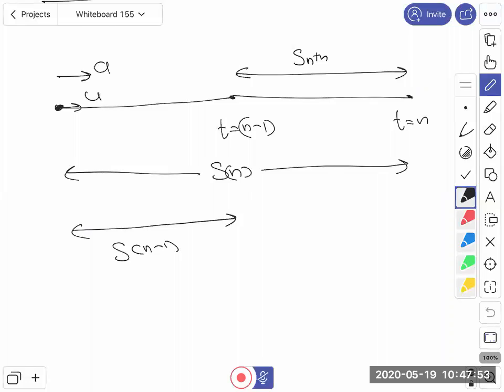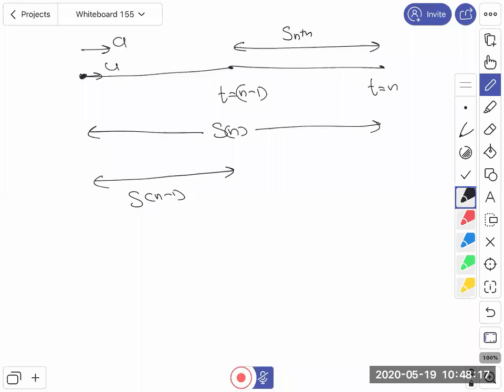So displacement in the 7th second means displacement in 7 seconds minus displacement in 6 seconds, because the 7th second means the distance traveled from 6 to 7. So 0 to 7 minus 0 to 6 gives displacement in the 7th second. Same thing: displacement in the nth second is displacement in n second minus displacement in n minus 1 second. Okay.